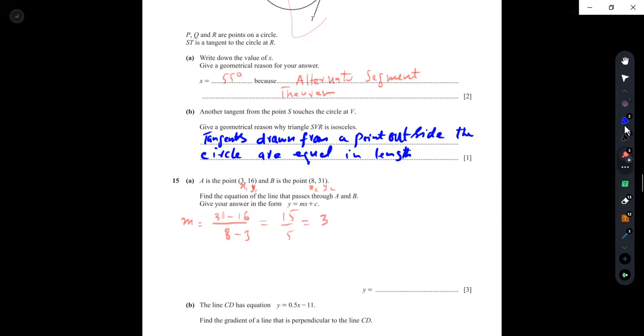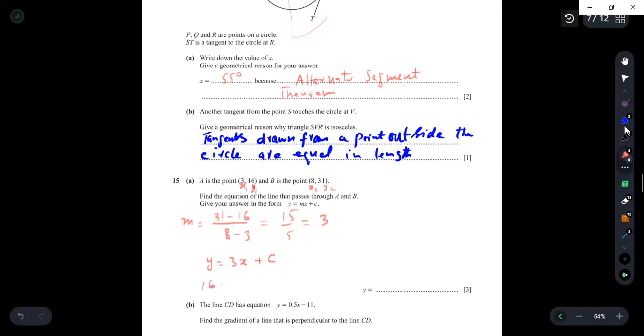So we can write the equation y equals mx plus c, which is 3x plus c. To find the value of c, we can substitute the values of x and y from any of these points. Let's choose this point: x is 3 and y is 16.